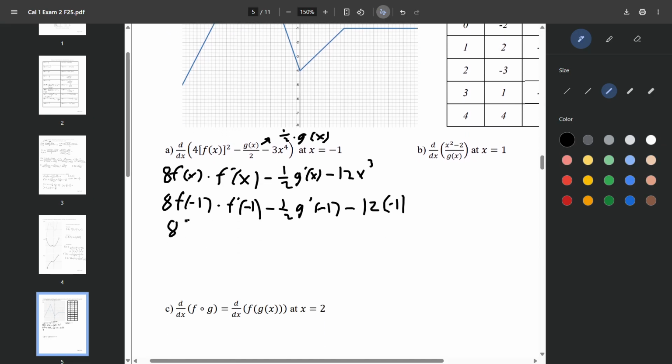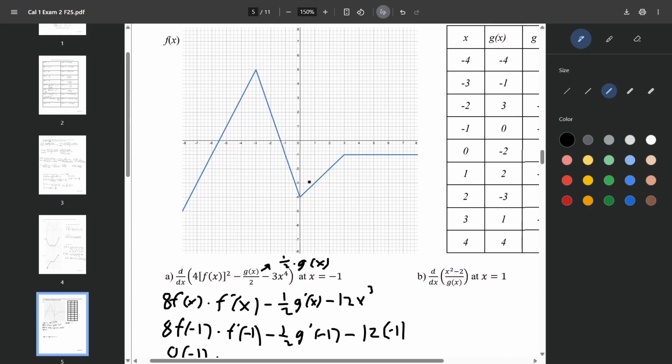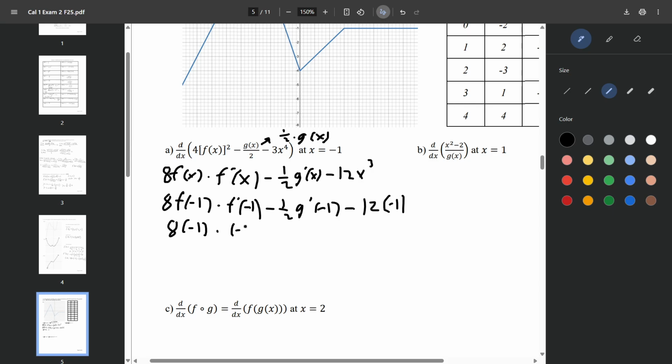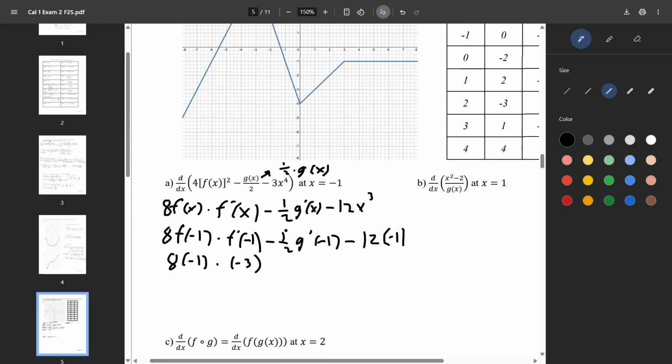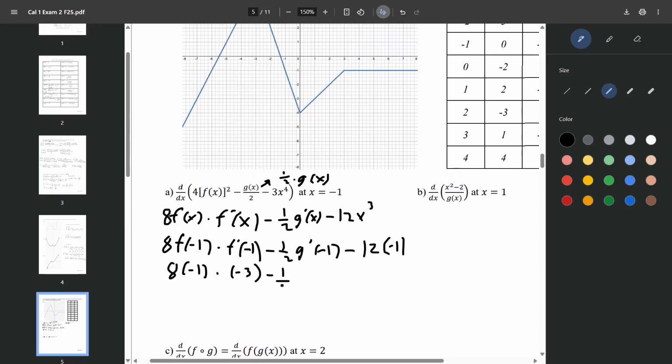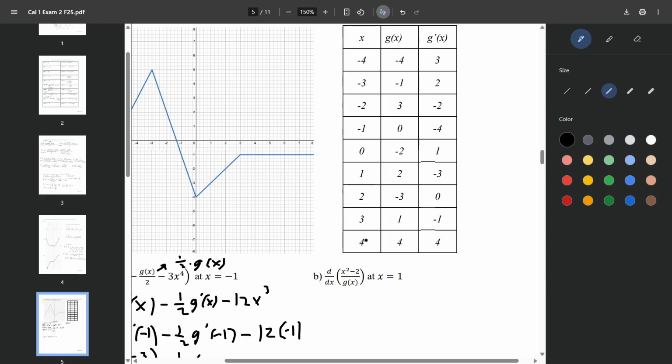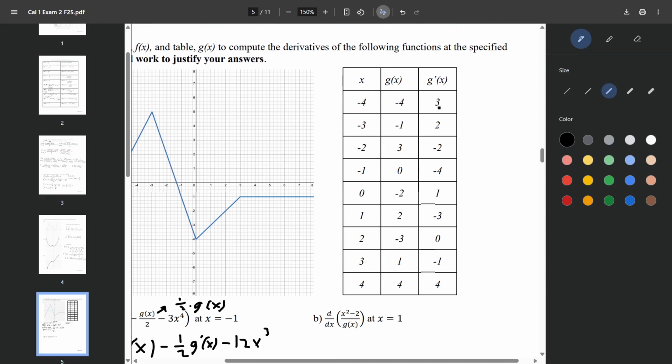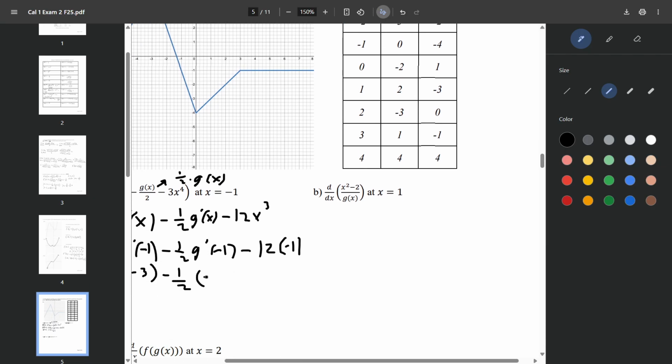So 8 times -1 times f prime of -1. We are going to be looking at the slope at -1, which seems to be, we go 1 over and down 3, so our slope is -3. And next is times g prime. So we look at our table for g prime at -1, and that is -4.